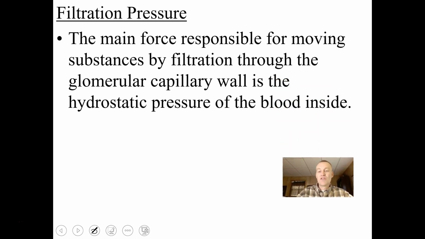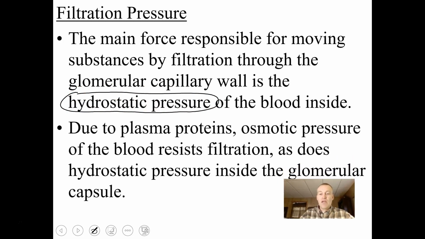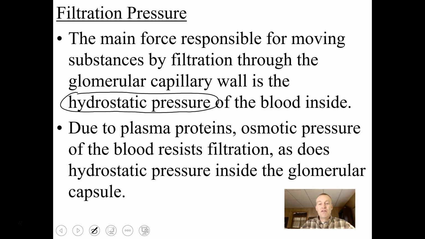All right, well, how do you squeeze stuff out of that little ball of capillaries called the glomerulus? So the main force for moving substances by filtration through the glomerulus is going to be hydrostatic pressure, that is blood pressure. And so there's going to be competing forces.